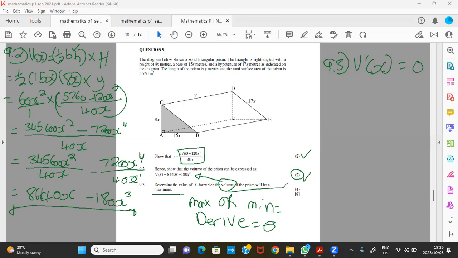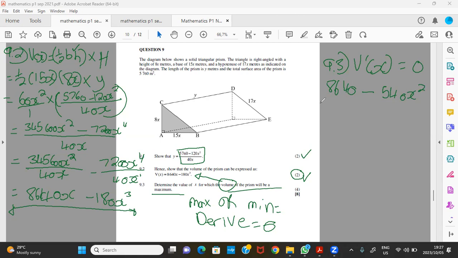So I'm just going to have 8,640 minus, what's 180 times 3? It's 540 x squared.